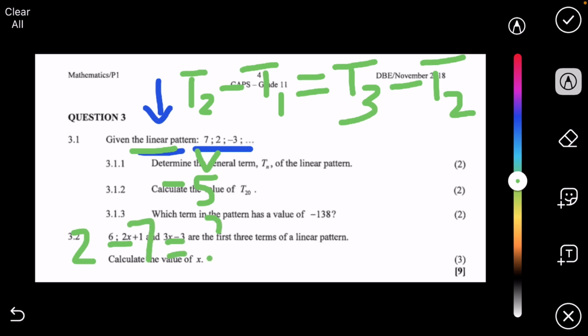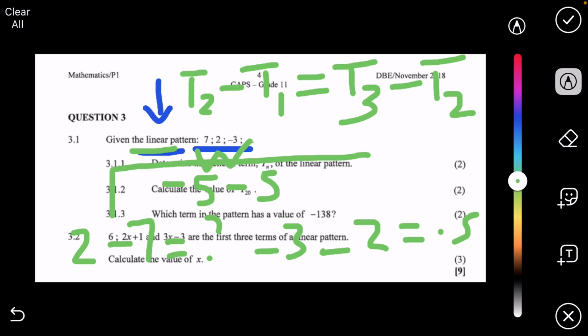What answer do you get? And again, what is the difference between -3 and 2? It seems to be -5. This is a confirmation that we've got a common first difference of -5.